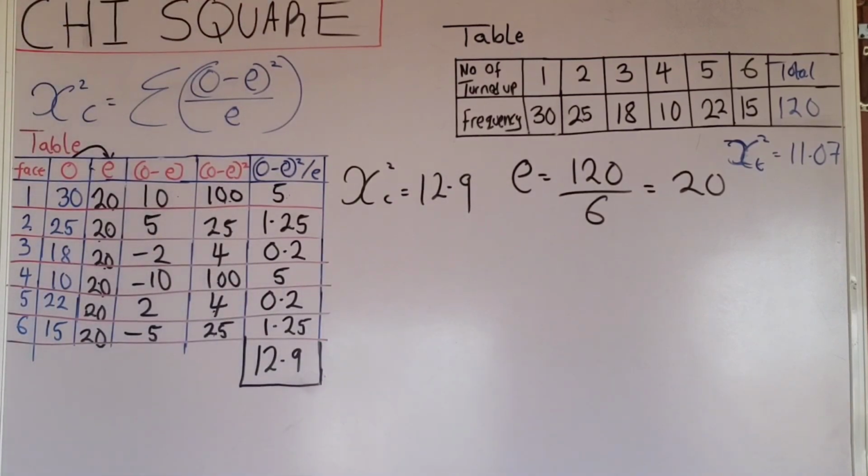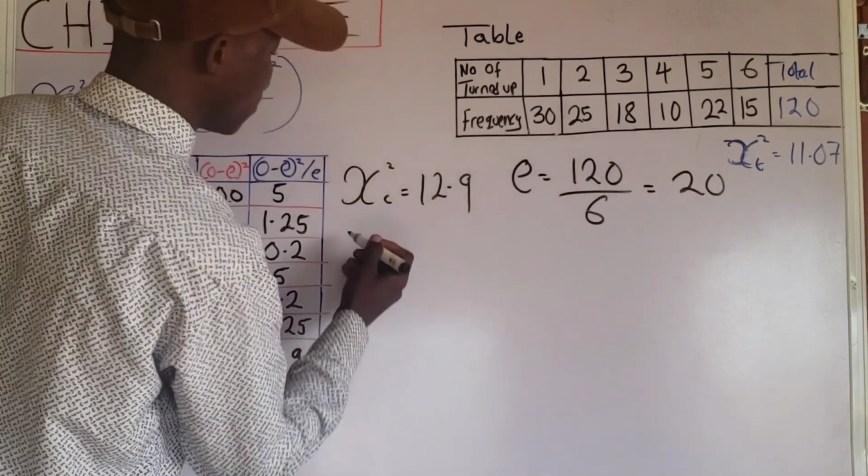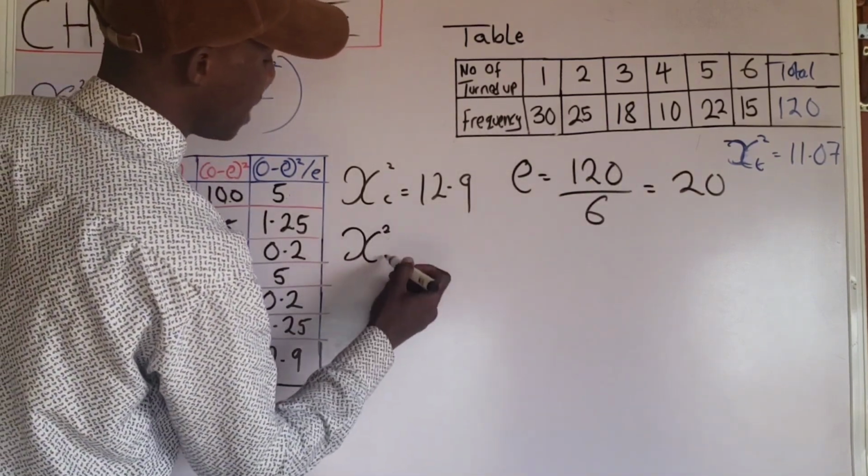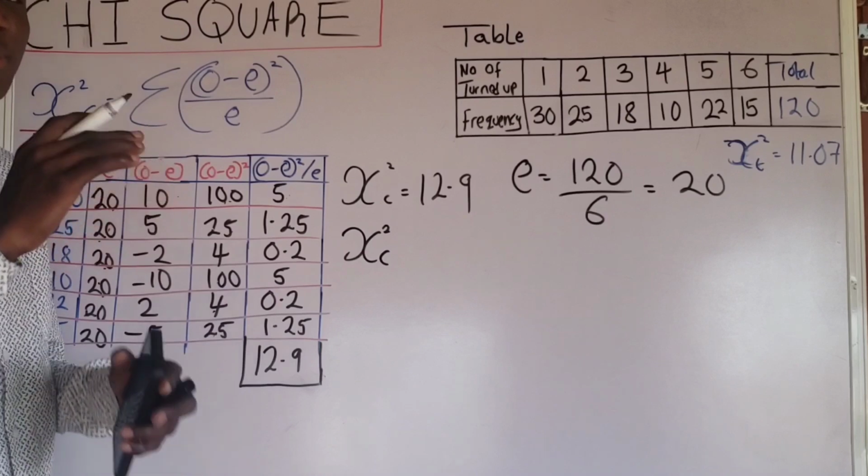Now, we've been given in the question that the critical value at 5% is 11.07. The critical value is the tabulated chi-square.